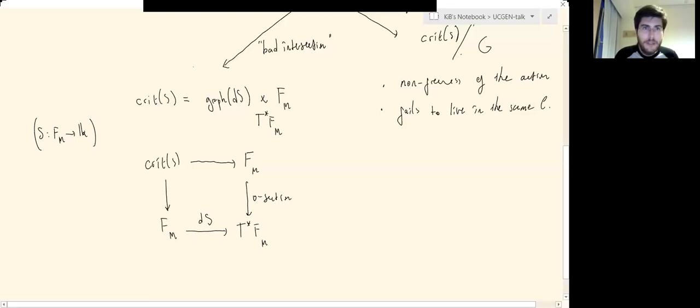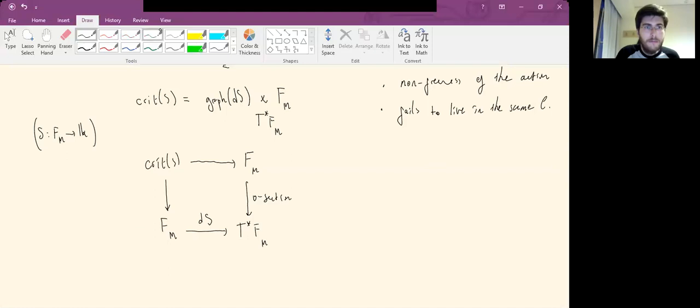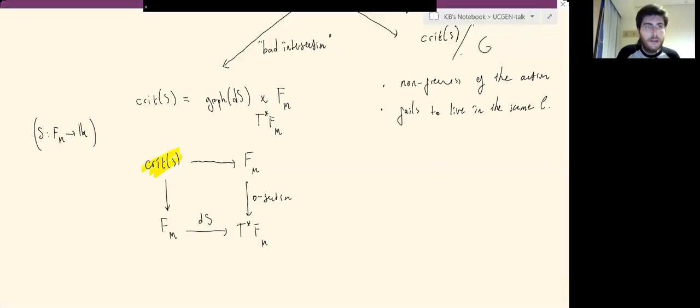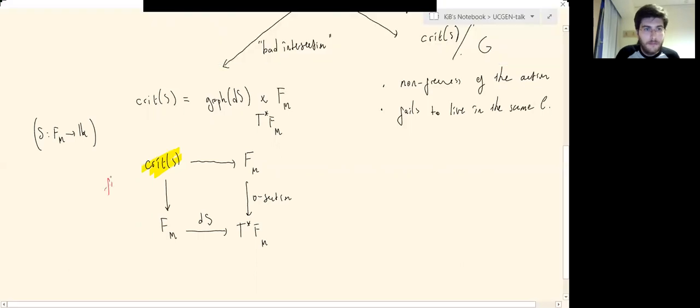But the problem is, this thing is just a fiber product, right? What is the problem? The existence, right? Not all categories admit fiber products. So this is the problem.